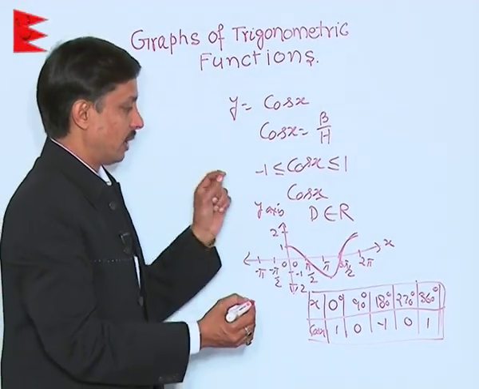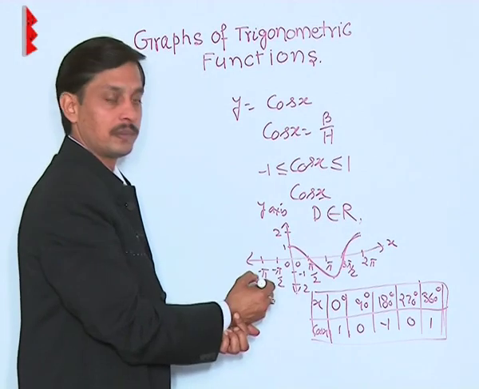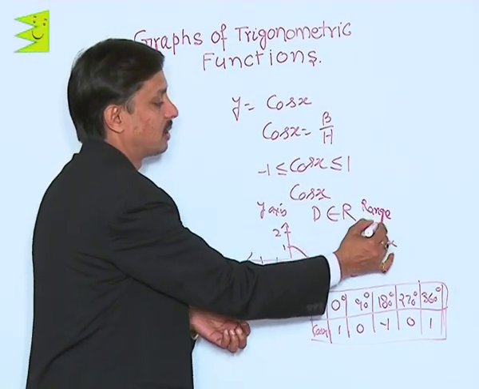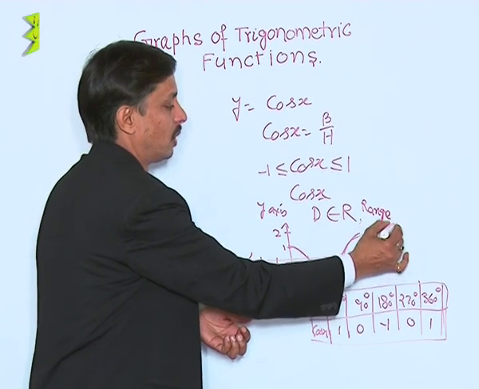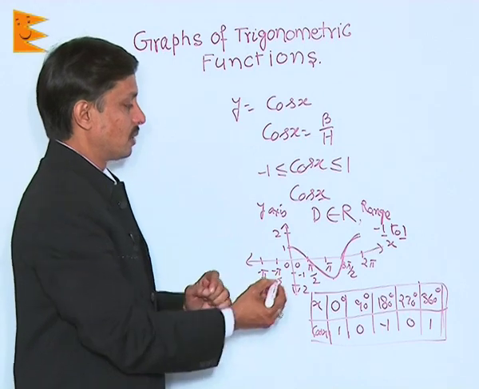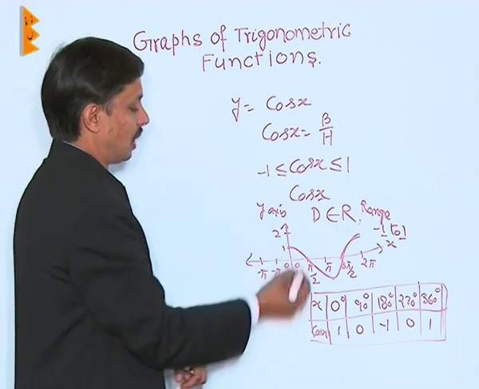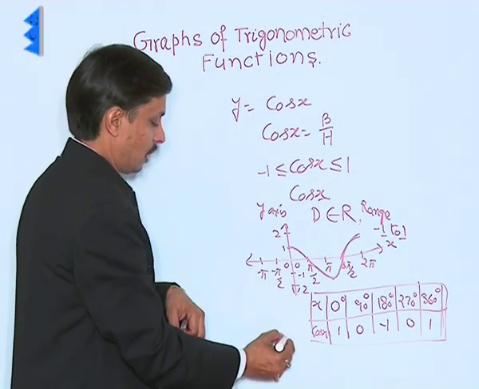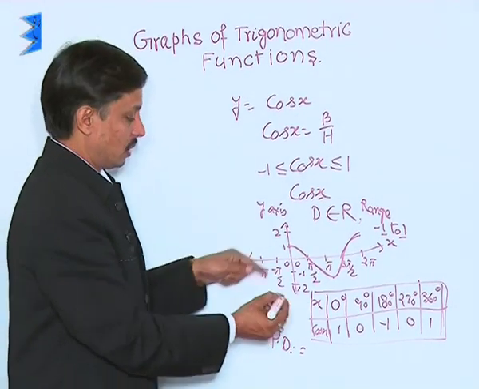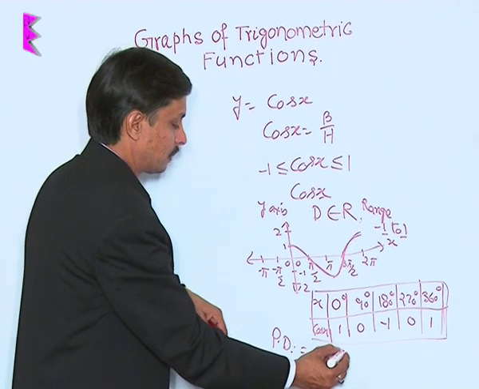Its domain is all real numbers. Its range is the same as the range of the sine function, that is -1 to +1. Now the question comes, what is its principal domain? The principal domain is 0 to pi.